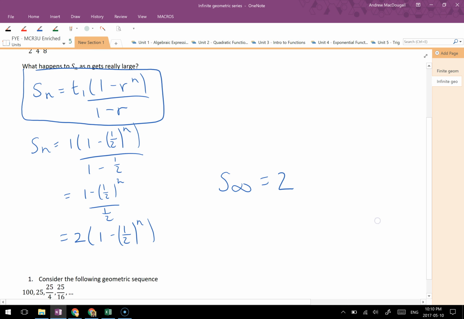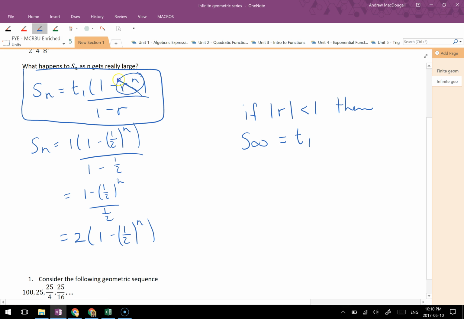Now, let's look at this formula again. What happens when n gets huge? Well, when n gets huge, r to the power n, in our case, where r is small, so here's if r is less than 1 in absolute value, then S infinity looks like t1 over 1 minus r.